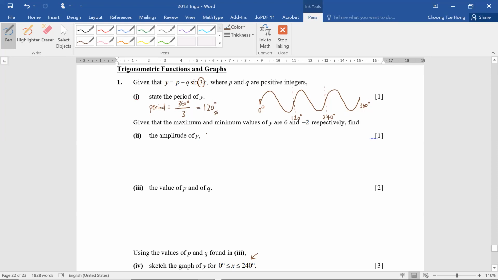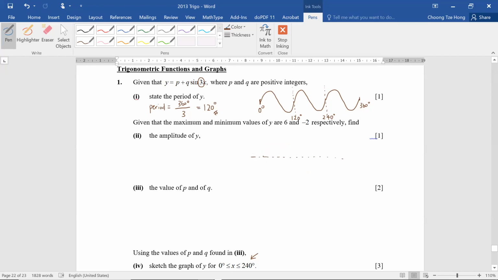Okay, next part. Given that the maximum and minimum values of y are 6 and -2 respectively, find the amplitude of y. Okay, so let's say I'll just draw one sine curve. The sine curve or cosine curve will always have a central level over here. Okay, let me redraw the graph. So it looks like this. There will always be a central level.